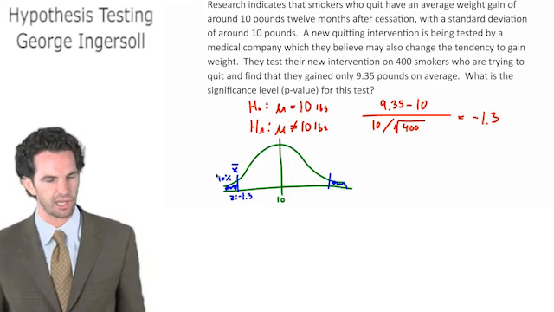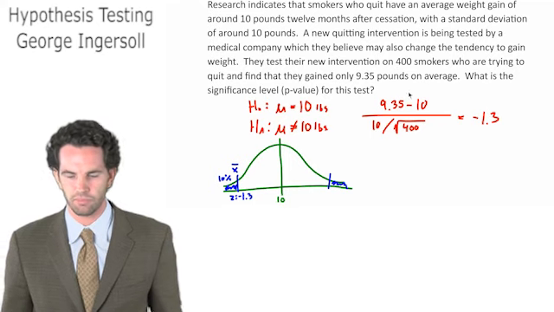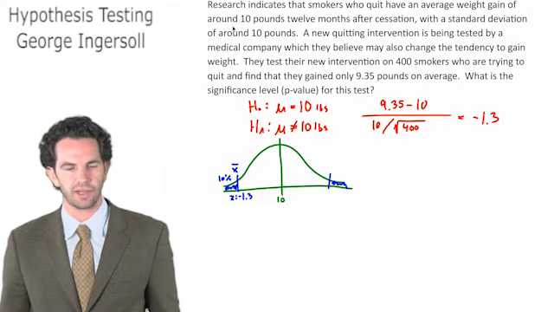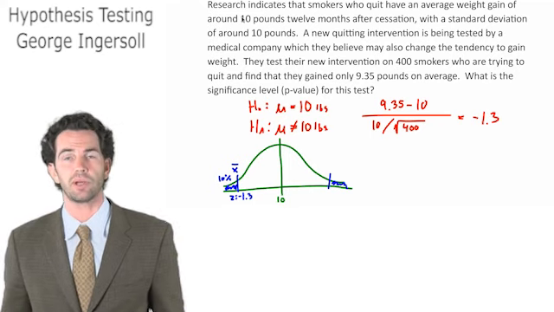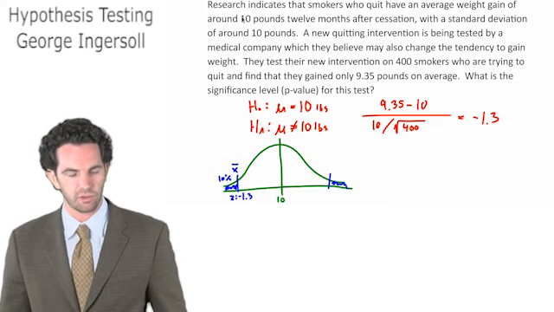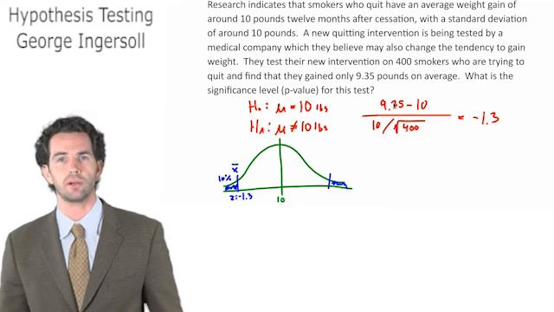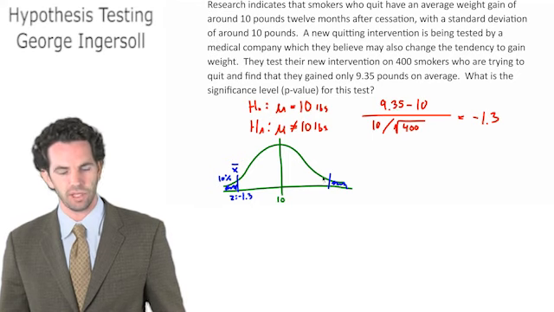Okay, so that's 10%. So if, in fact, the real average weight gain for this new intervention was 10 pounds, there'd be only a 10% chance we'd see the value of 9.35 in our sample of 400 or lower. But we also have this possibility out here.